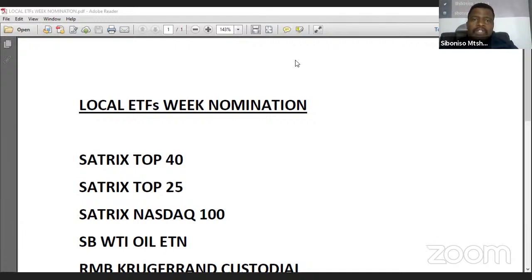Satrix Top 40 is not necessarily the best, but the 40 is made up of the best performing companies selected on the JSE. Obviously, it is excluding commodities because there are no mining companies under the top 40 the last time I checked. So those are the few things that you need to understand.